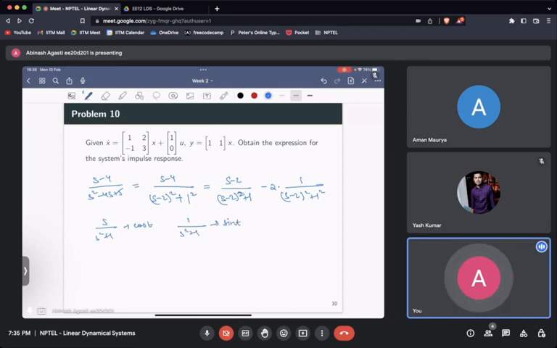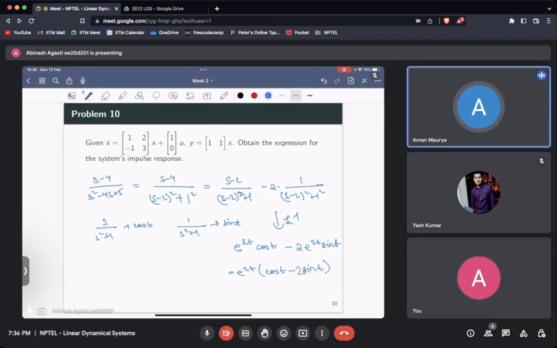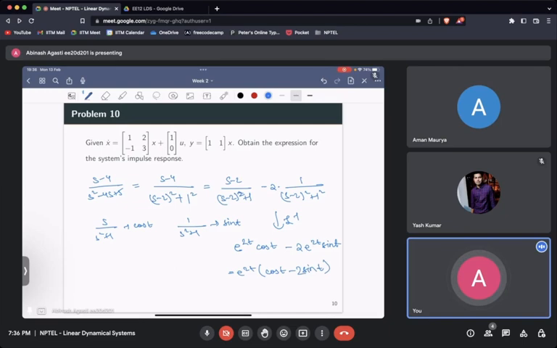But here we have a frequency shift, so we'll have an exponential time term. So Laplace inverse gives us e to the power 2t cos t minus 2 into e to the power 2t sin t. So we'll have e to the power 2t (cos t minus 2 sin t). Correct? Yeah. Okay, so any doubts up to this point?